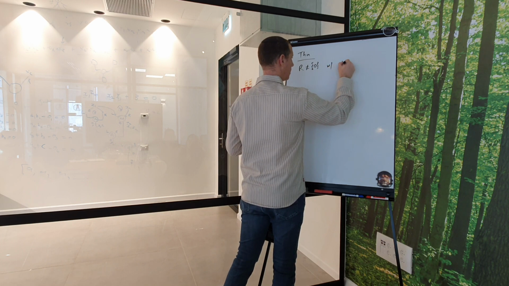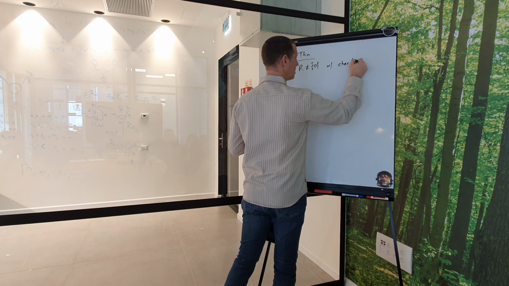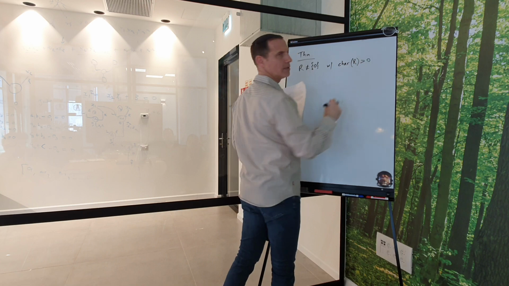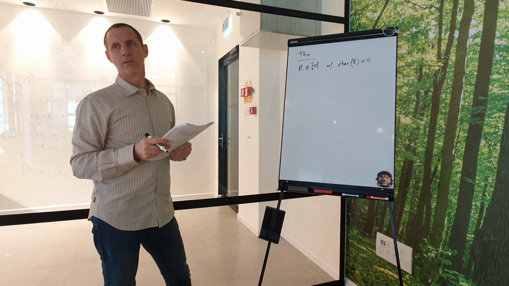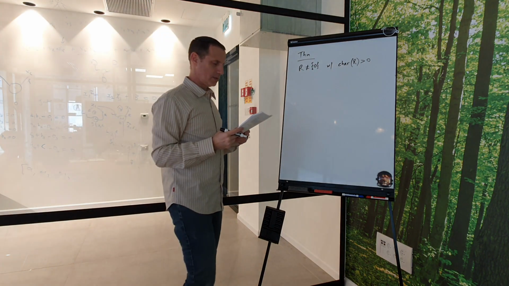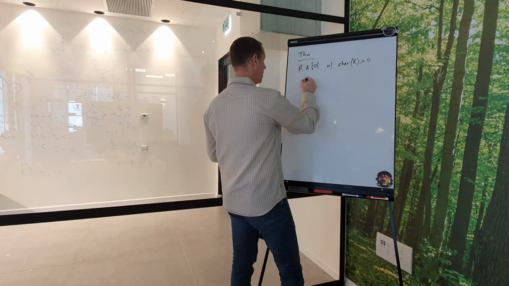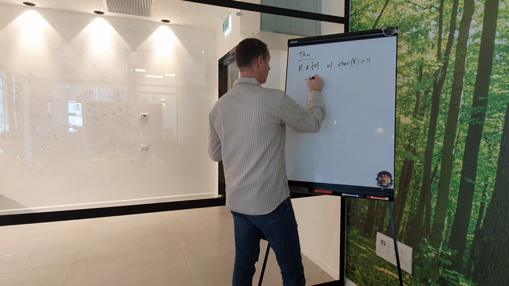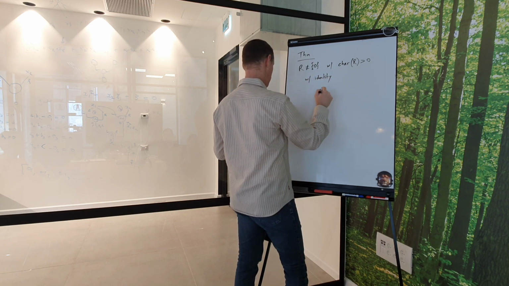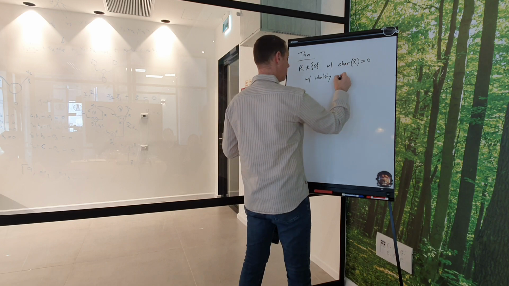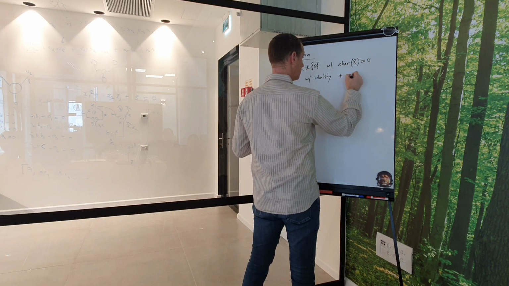With characteristic larger than 0, okay? With identity, and no 0 divisors.